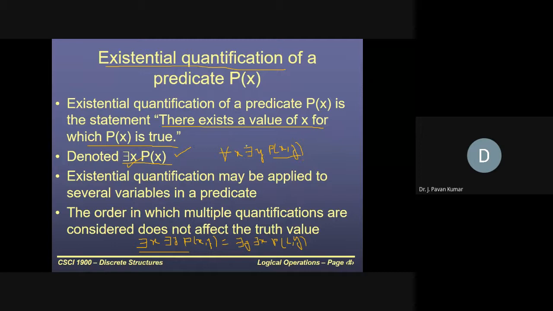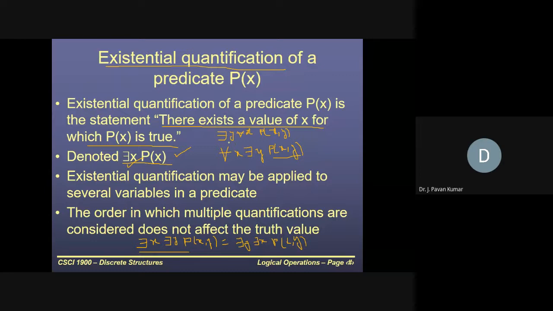On the other hand, if I write it like this, there exists y for all x, p of x comma y. What does it mean? For some values of y, we can consider all the values of x.